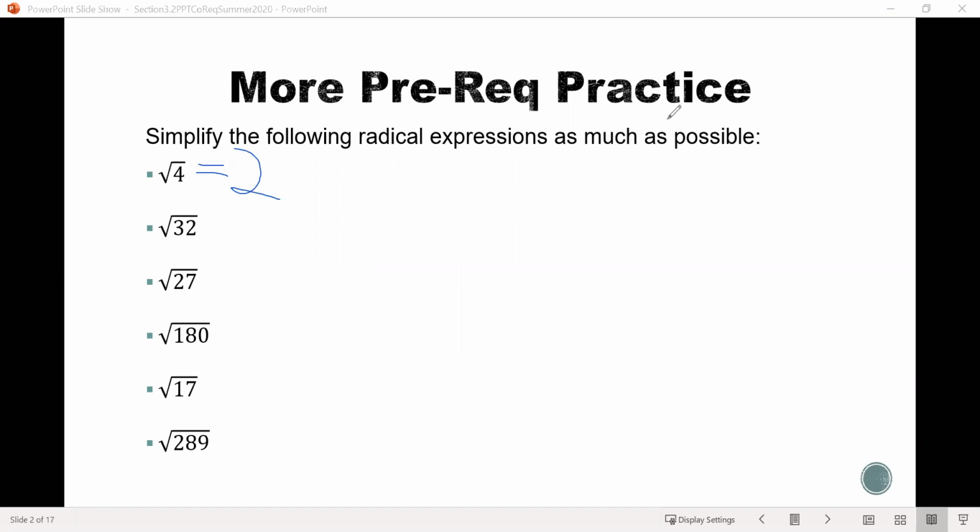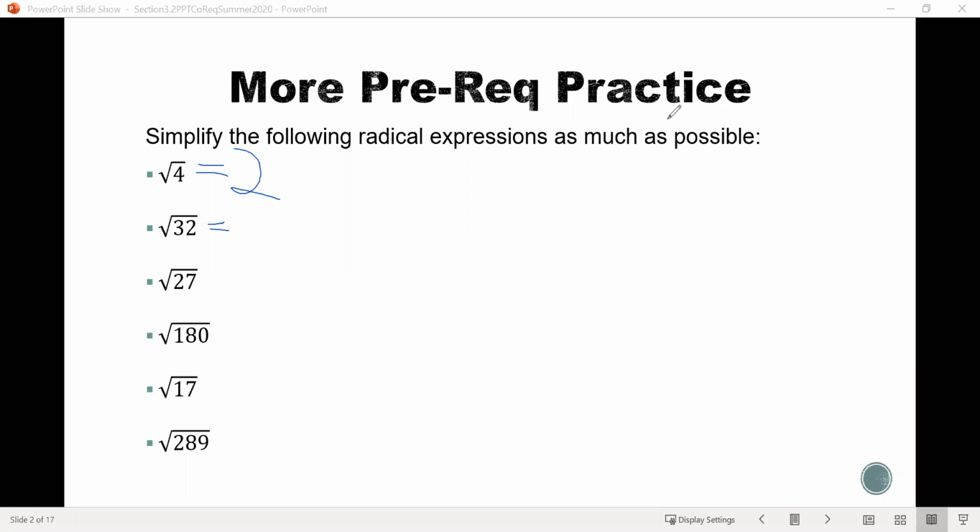So 4 is a perfect square, so the answer comes out nice there. With square root of 32, however, 32 is not a perfect square. It's not a number like 4, 9, 16, 25, 36, and so on. So we can't just write the answer down for this one, and we don't want to write the decimal from the calculator.